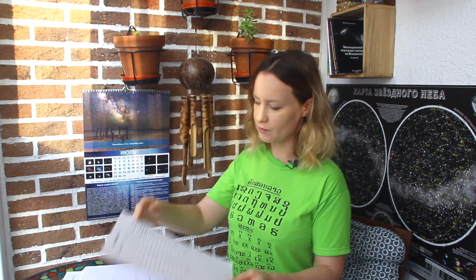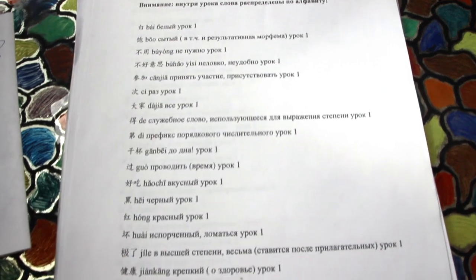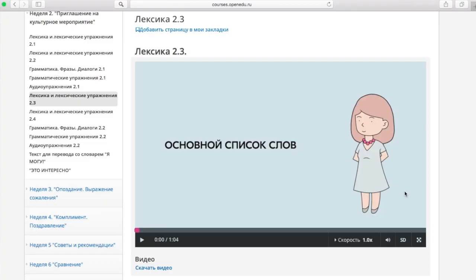Then the table of basic characters, also practicing that. The most common Chinese characters, with translations into Spanish. The last thing that I printed was this document. Basically, it's a dictionary of words appearing in the online course in the order of the lessons.